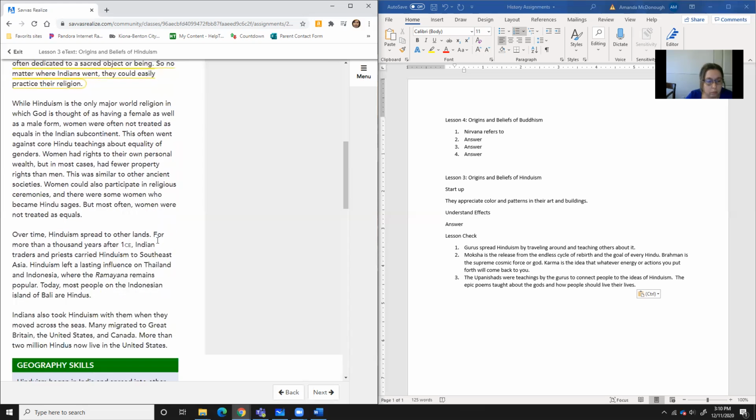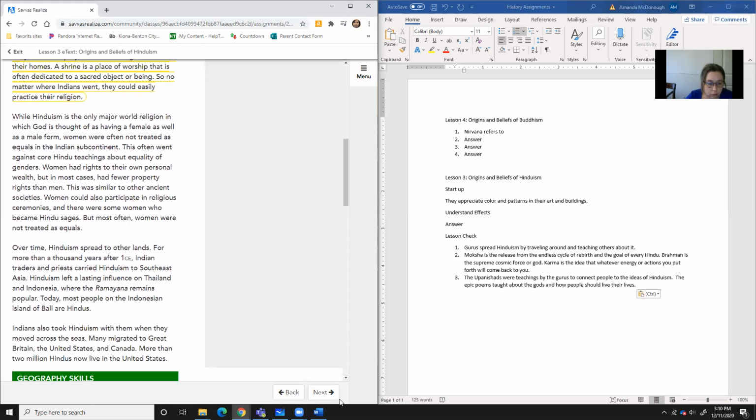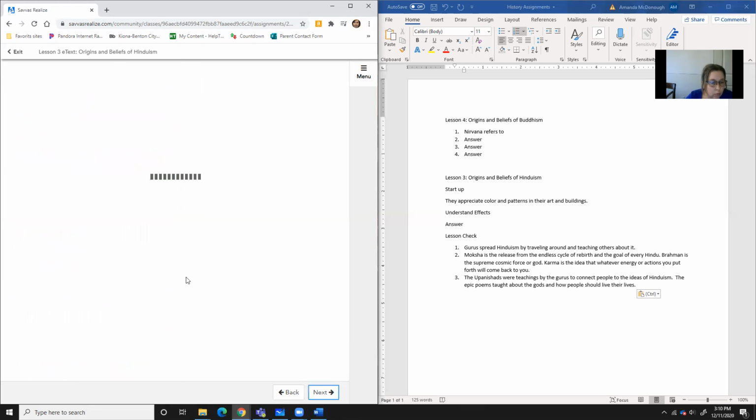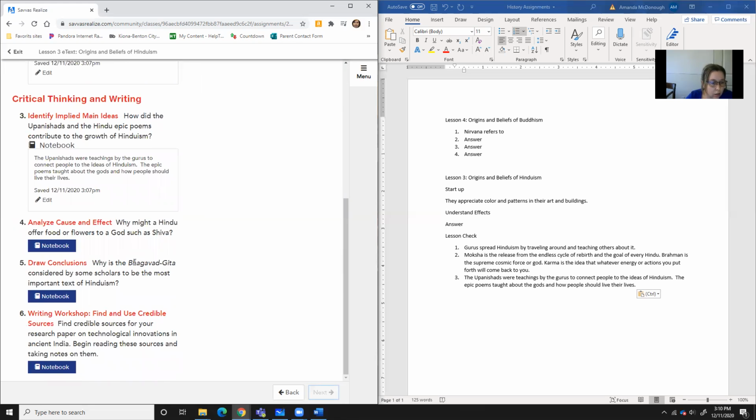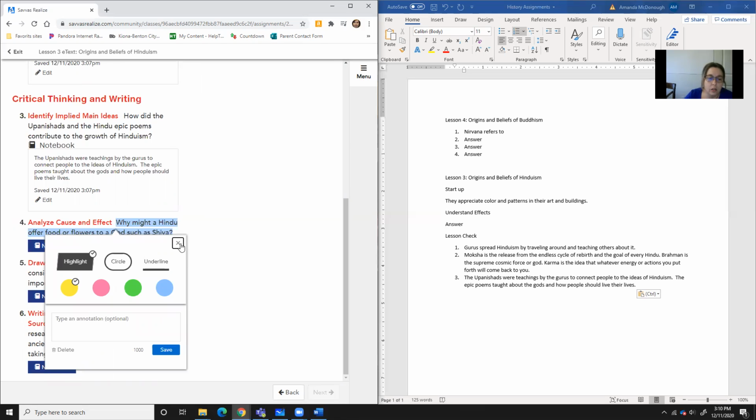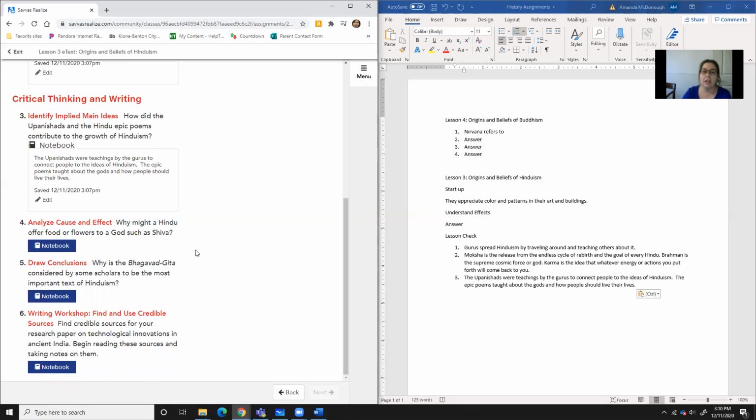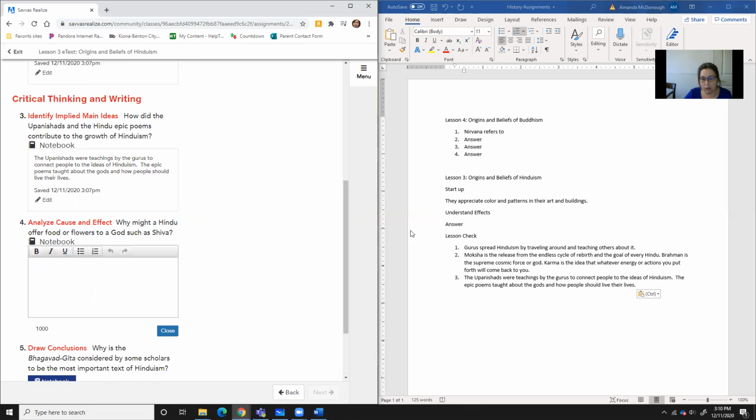So when you look at the answer, why might a Hindu offer food or flowers to a god? It's to please them, to make the god happy, to get the god's favor. So again, you can put that answer here.